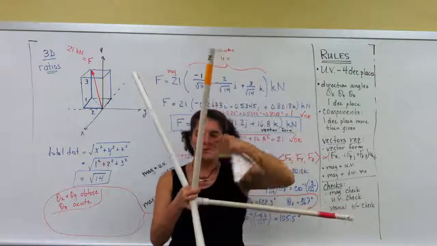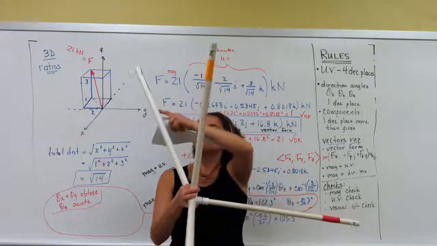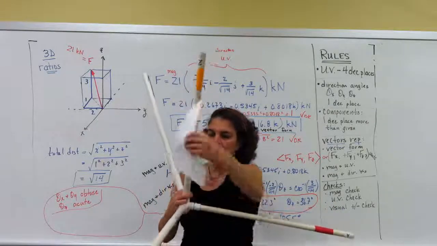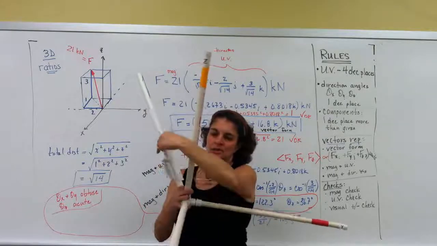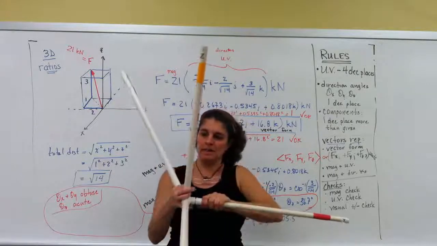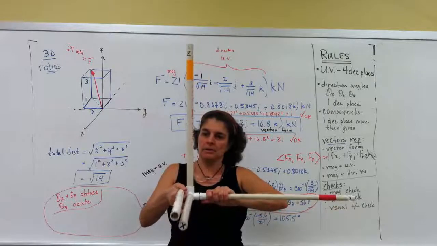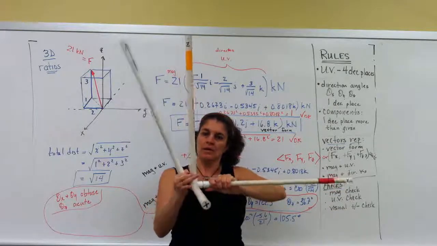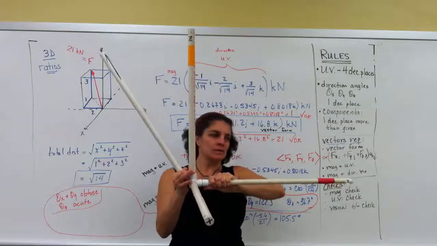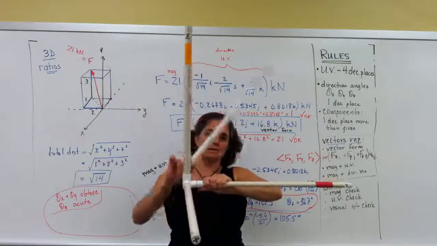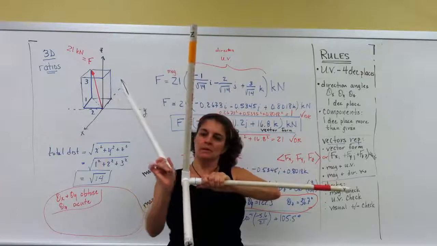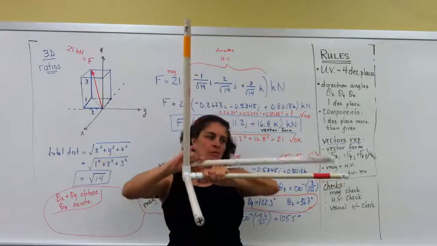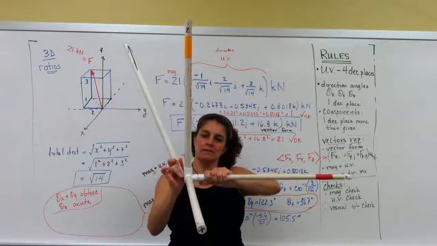The angle from the force to the x-axis is this whole angle here, which is an obtuse angle. And the angle to the y-axis is this angle. It's the most direct path, the shortest angle to the positive y-axis.